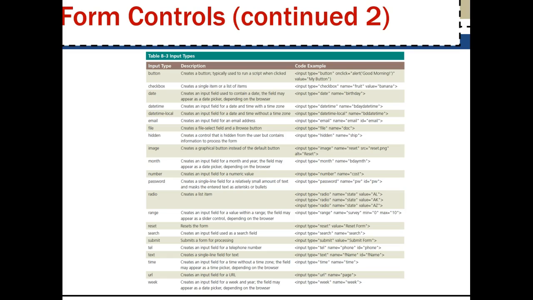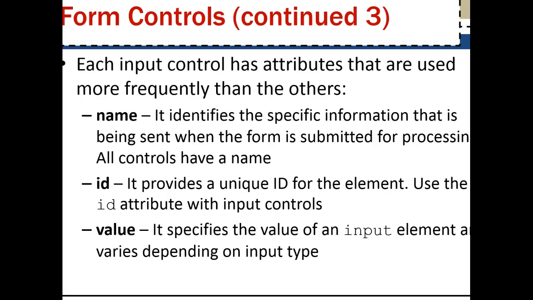Name identifies the specific information that is being sent when the form is submitted for processing. ID provides a unique ID for the element. And value specifies the value of an input element, and it can vary depending on the input type that you have.